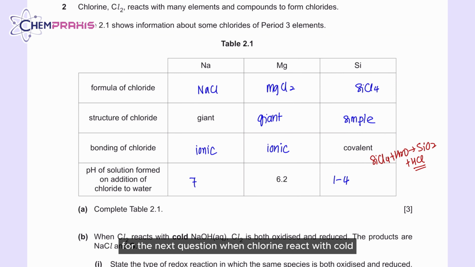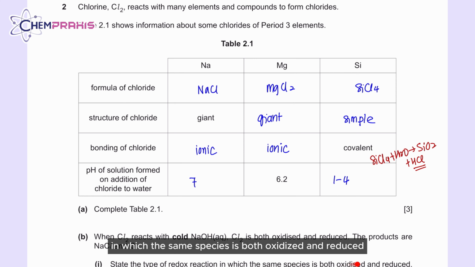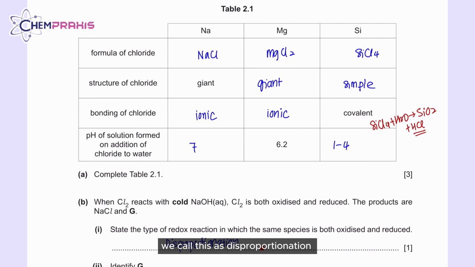For the next question, when chlorine reacts with cold NaOH, Cl2 is both oxidized and reduced. The products are NaCl and G. State the type of redox reaction in which the same species is both oxidized and reduced. We call this disproportionation.